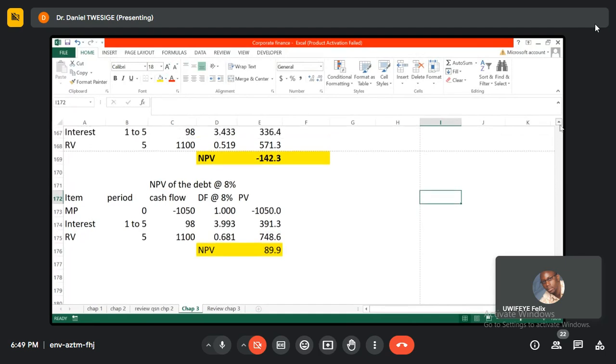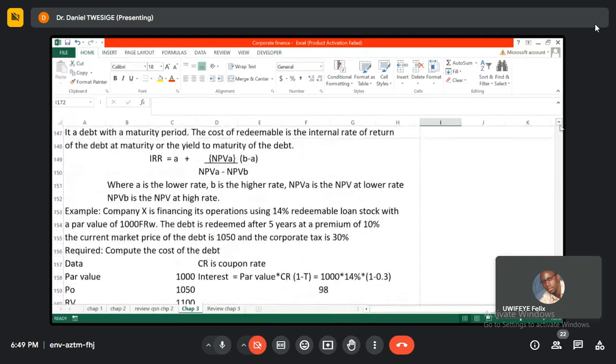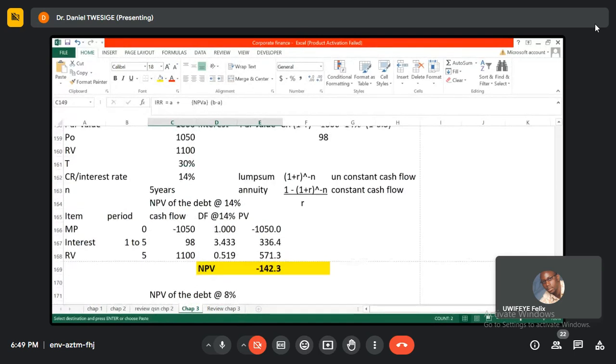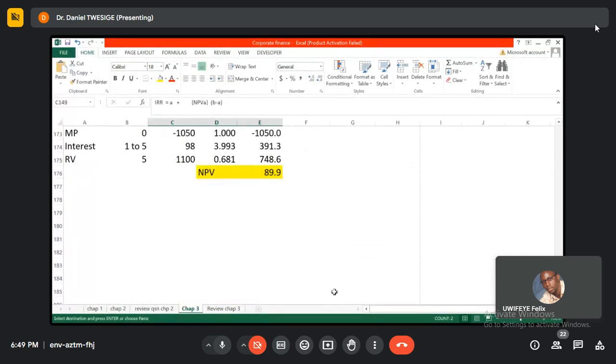Now it means I'm copying the other formula that I need to use to interpolate, because we said we just need to interpolate. So I want to copy this formula and bring it down such that we can use it to interpolate.